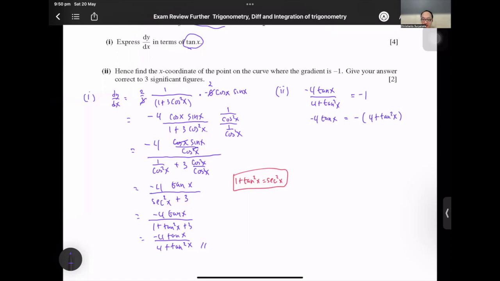We cancel the negative, 4 tangent x equals 4 plus tangent square x. And then we simplify into the quadratic equation: tan square x minus 4 tangent x plus 4 equals 0.